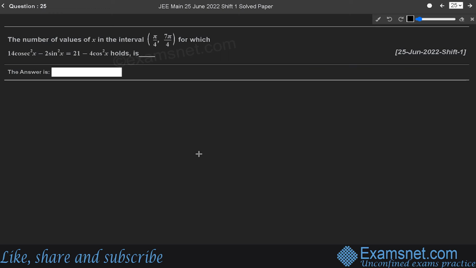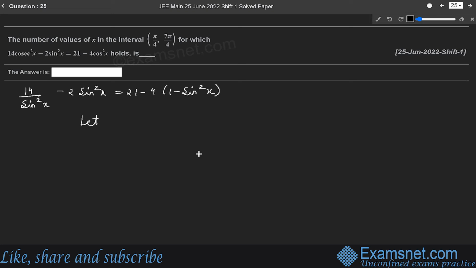So this expression can also be written as 14 upon sin square x, because we know that 1 upon sin x is cosec x, minus 2 sin square x is equal to 21 minus 4 into (1 minus sin square x), because we know that cos square x is equal to 1 minus sin square x.